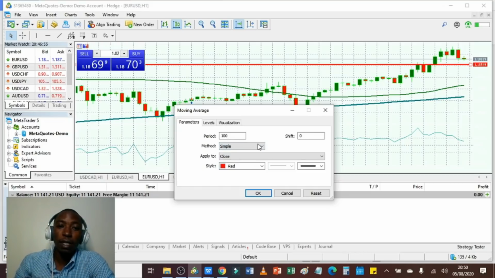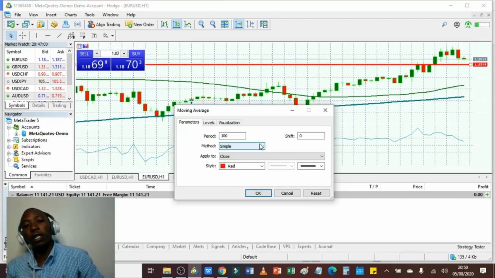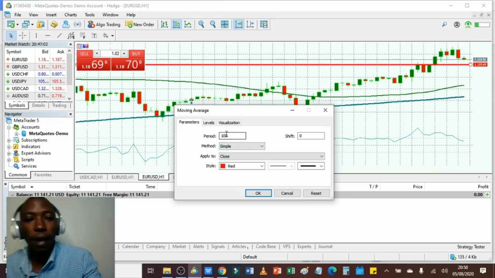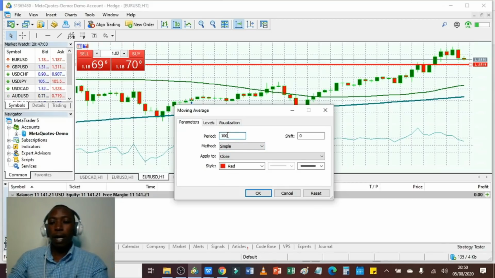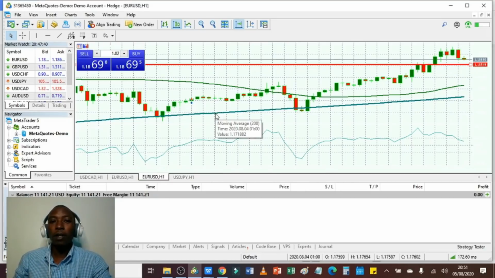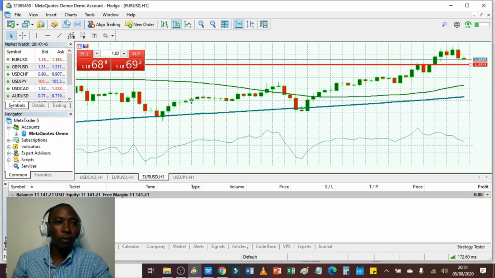So I usually like sketching using the simple moving average, and I can plug in any number, any period. For example, I usually use the 10-hour moving average, 20-hour moving average, the 100-hour, and the 200-hour moving average. So we can go ahead and sketch the 10-hour moving average, the 20-hour moving average, and the 100-hour moving average.